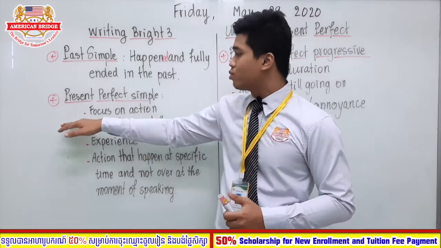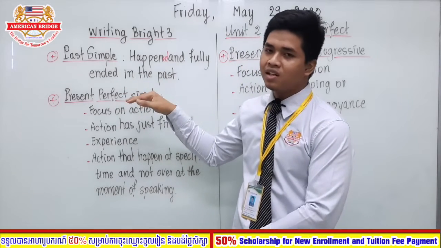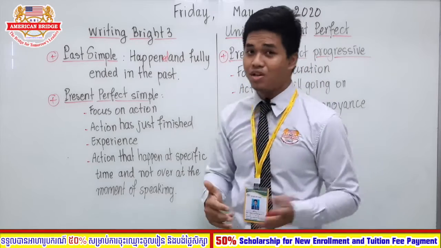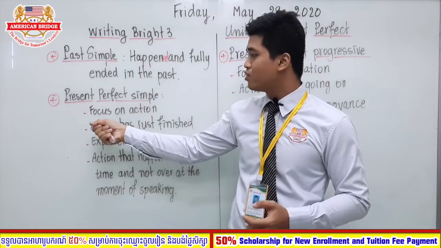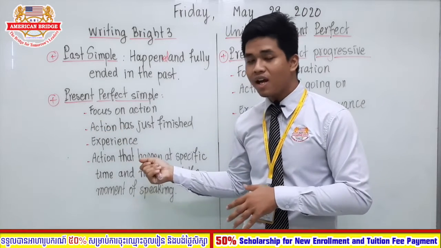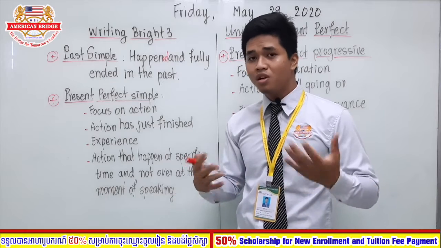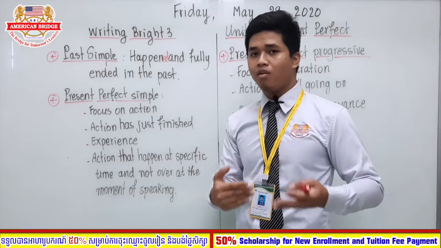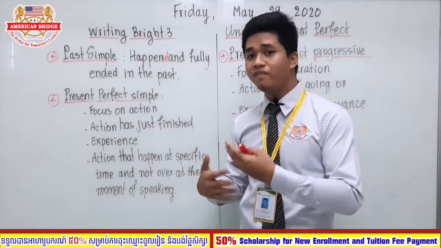The second one is present perfect simple. This is the main focus of our lesson, and it is a little bit confusing with present perfect continuous. Now let's look at this one. With present perfect simple, we focus on the action. As I told you in the previous video, we focus on the action. We don't care about how long, but we care about how many things you have done.